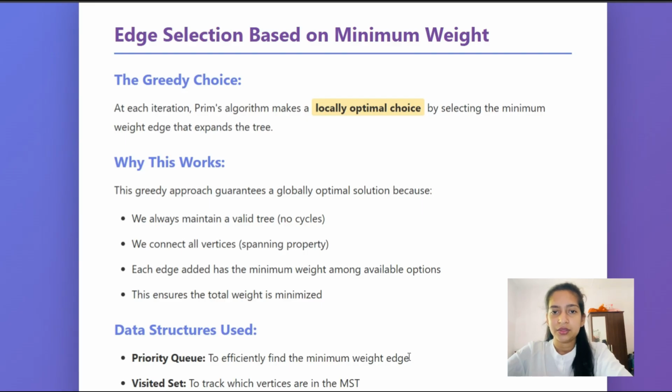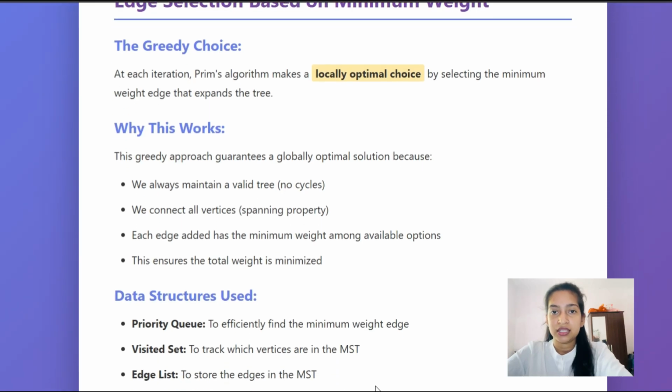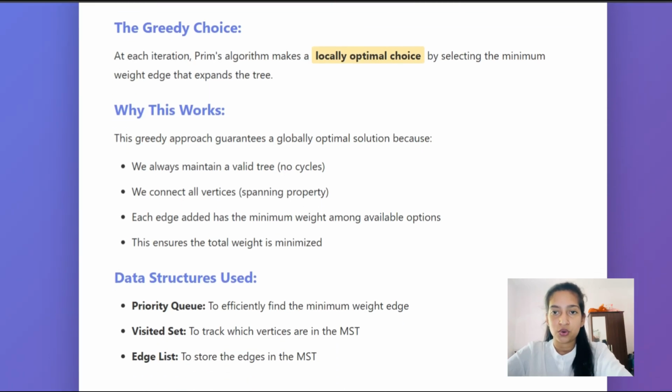A priority queue to efficiently find the minimum weight edge in logarithmic time, a visited set to track which vertices are already in our MST, and an edge list to store the actual edges that form our minimum spanning tree. This combination allows us to implement the algorithm efficiently.